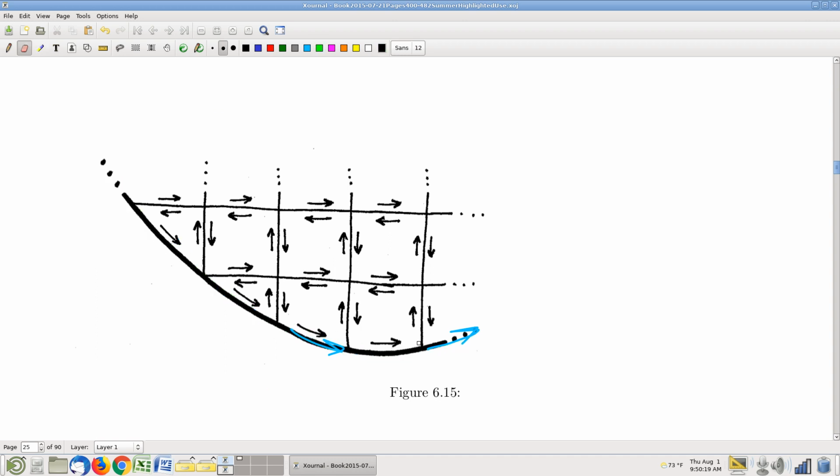If you're looking at a line integral around that boundary, and a line integral around that boundary, then as part of doing those line integrals, you'll be doing line integrals on this edge twice, once in that direction, once in that direction. And those line integrals will cancel. Same thing, same argument.